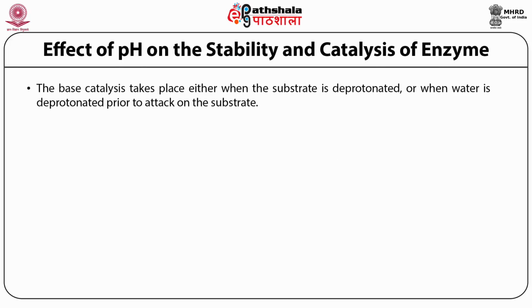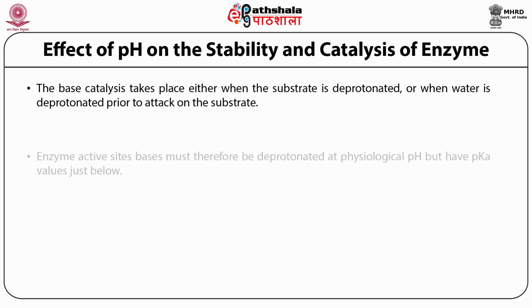Base catalysis takes place either when the substrate is deprotonated or when water is deprotonated prior to the attack on the substrate. So the enzyme active site must be deprotonated at physiological pH but have a pK value just below.